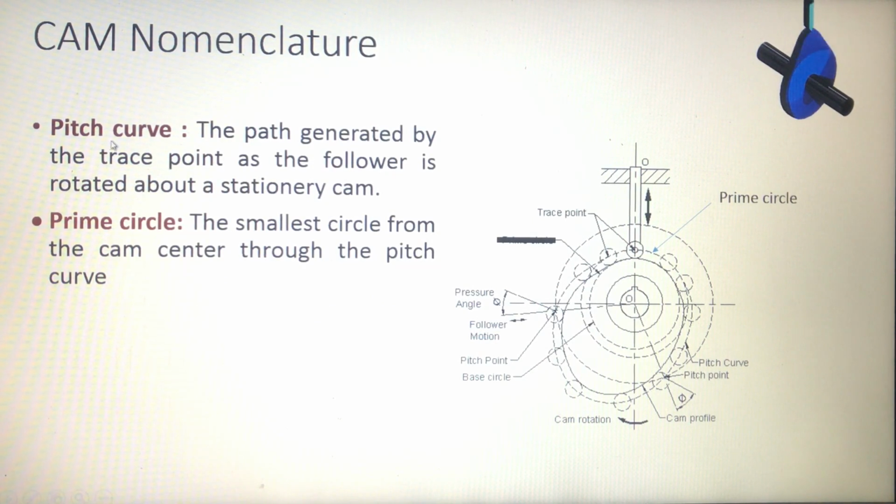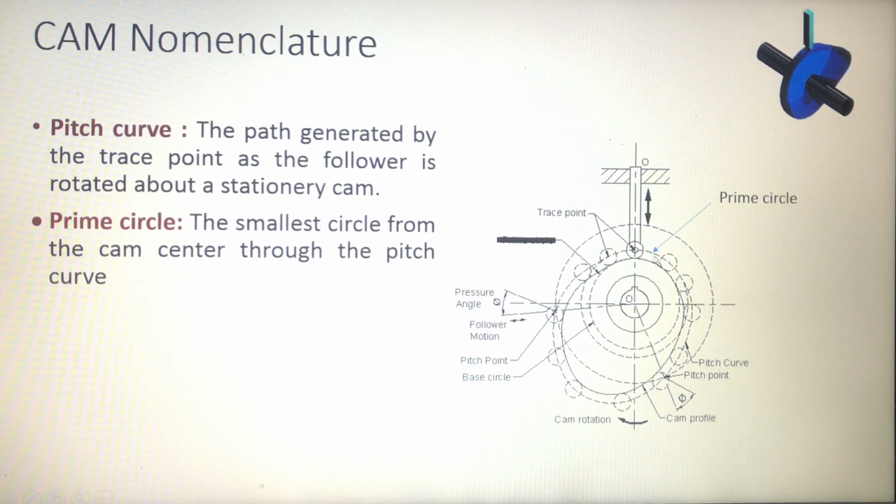Next one is the pitch curve. A curve which passes through all the trace points is called the pitch curve. So if you connect all the trace points, it will form a pitch curve.